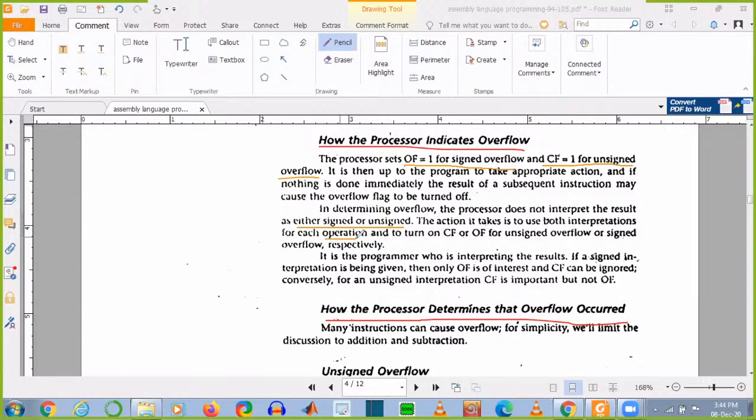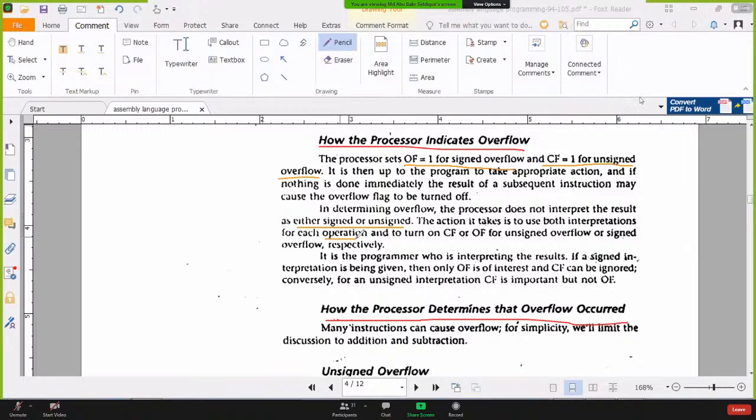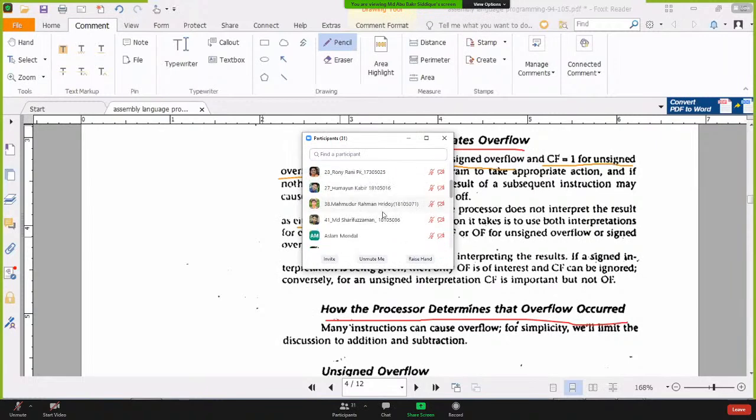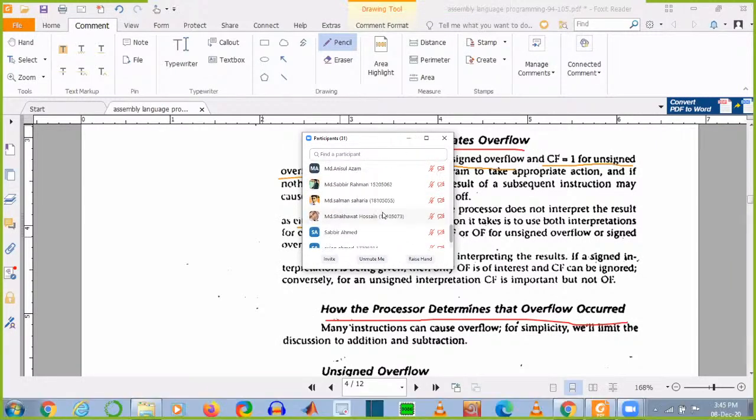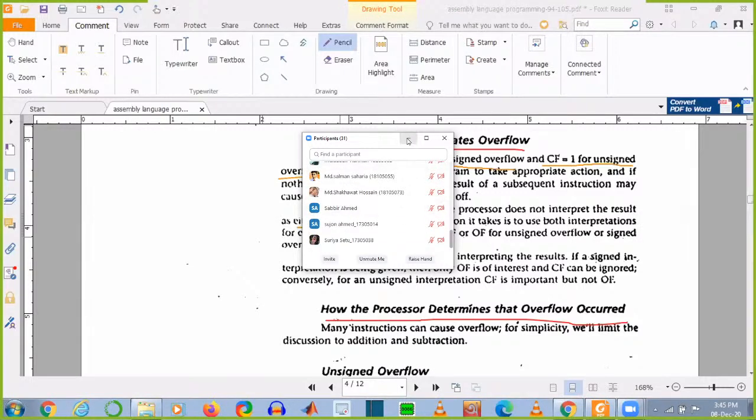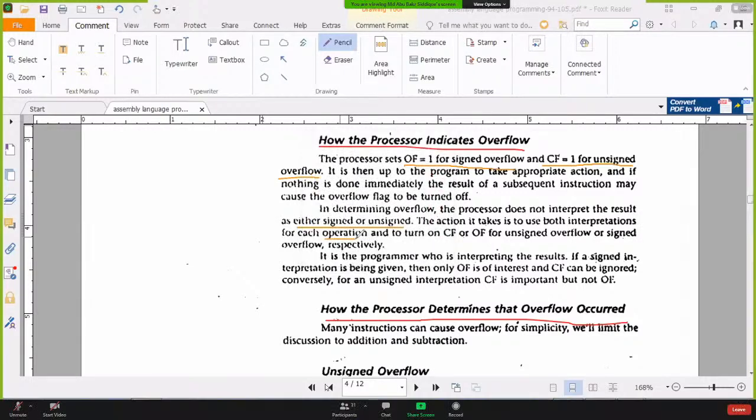It will show the signed overflow and the unsigned overflow, because you don't actually know whether the number is signed or unsigned. If you consider the number as signed, then signed overflow may occur. If you consider it as unsigned, then unsigned overflow may occur. So that's why the CPU always considers signed and unsigned together. Both interpretations are taken into account.